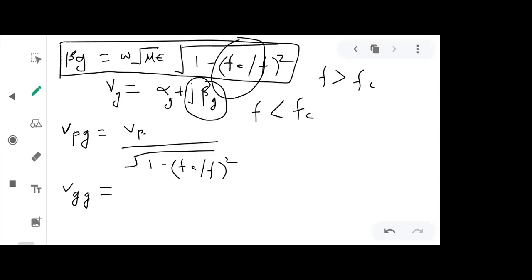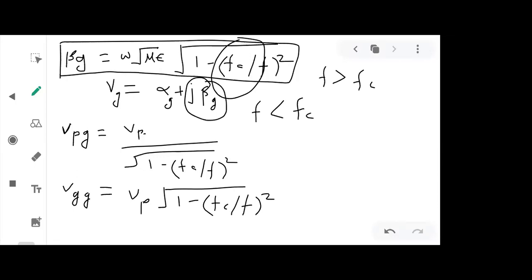So it is just like your phase velocity in the unbounded medium, but now this additional term, 1 minus Fc by F the whole square, is multiplied. The term which was earlier dividing the phase velocity is now getting multiplied with it.